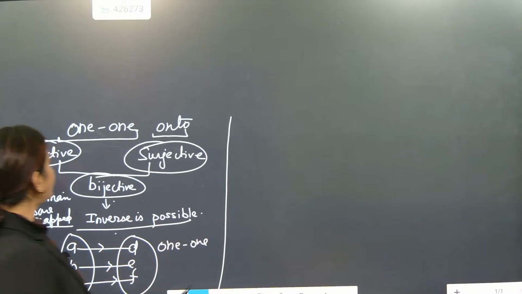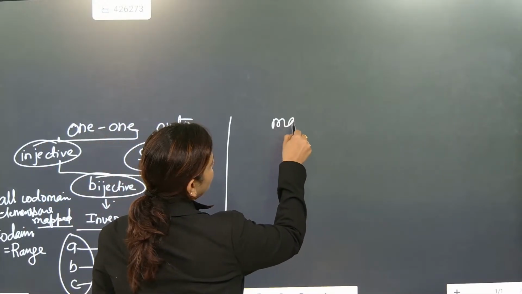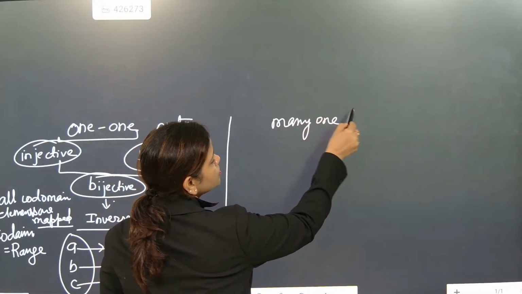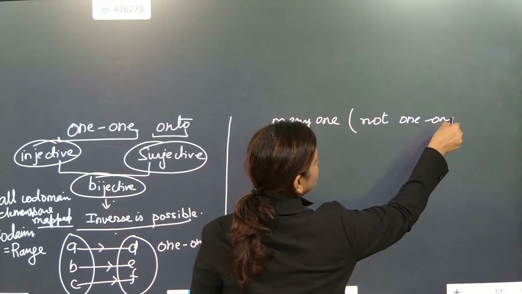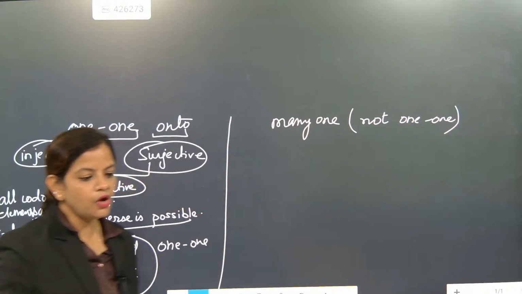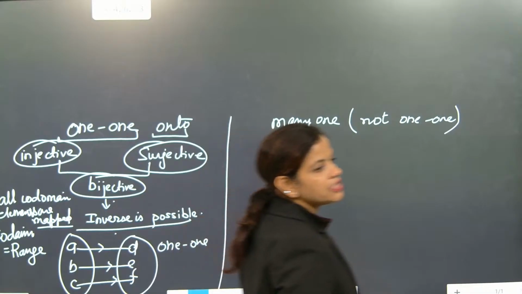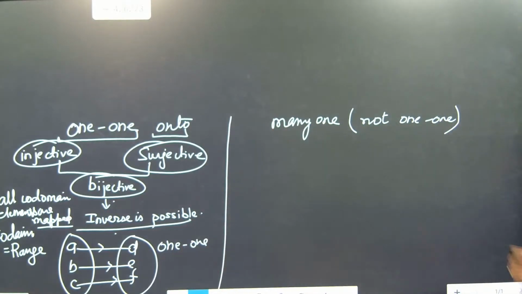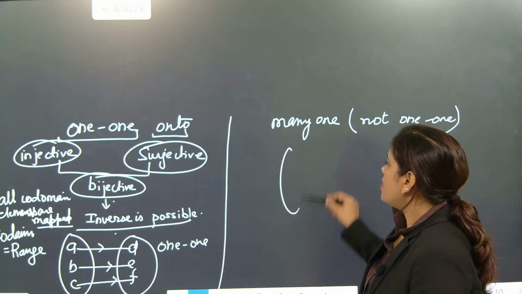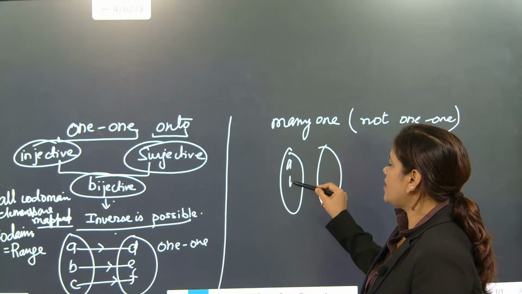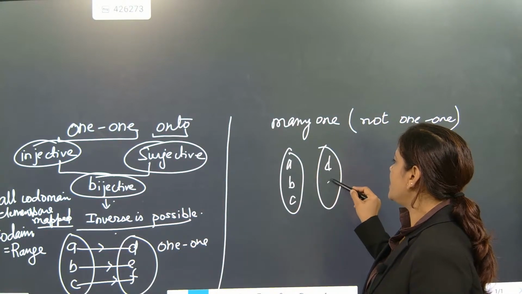Got it? But here, many-one is nowadays called not 1-1. What is the other word we are using for many-one? Not 1-1. Many-one says that, like A, B, C is there, D and E is there.